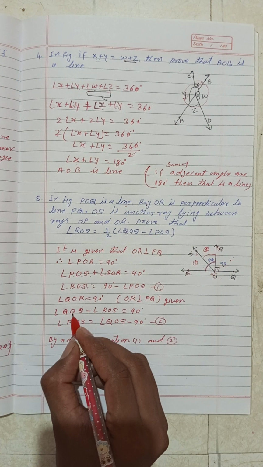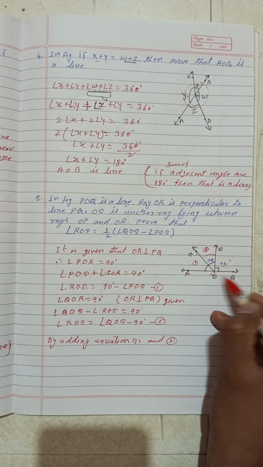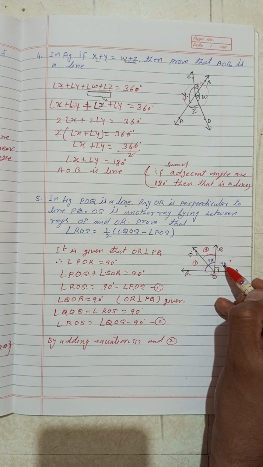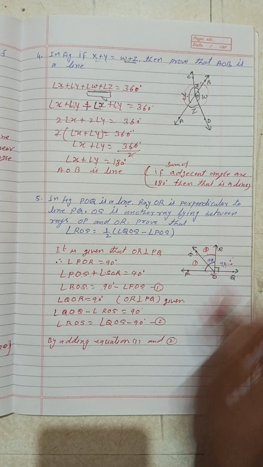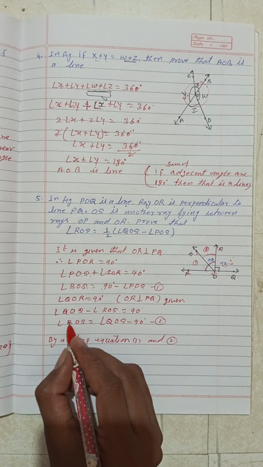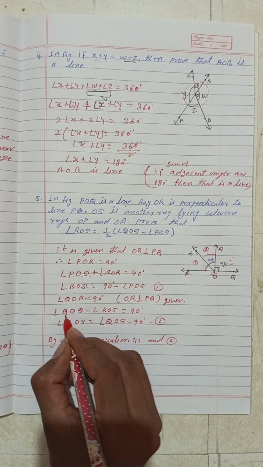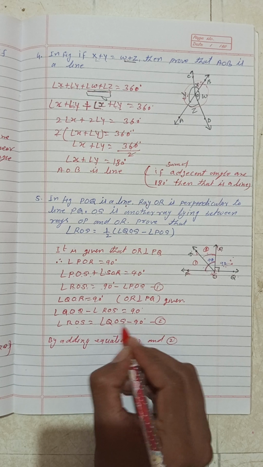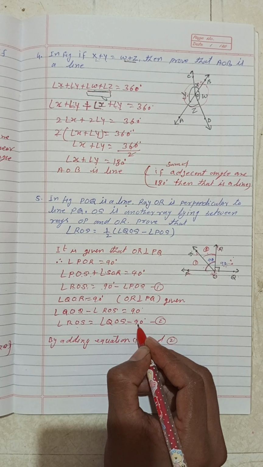So angle QOS minus ROS remains 90 degrees because it is perpendicular. So we can write angle ROS is equal to QOS minus 90. This is equation number 2.